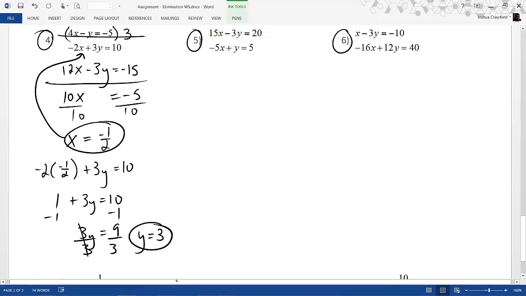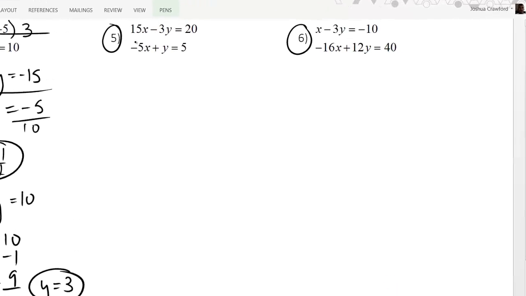Okay, number 5. What do you want to cancel? Let's go ahead and do the x's. So we have 15x and we have negative 5x. Our larger number is 15, so what times 5 gives us 15? Let's do 3.